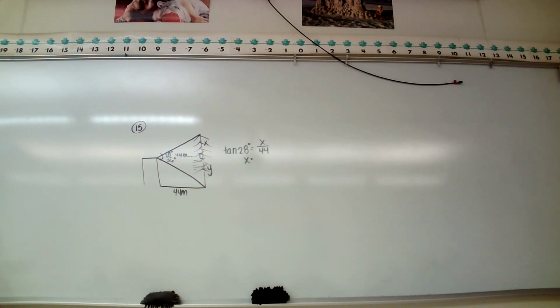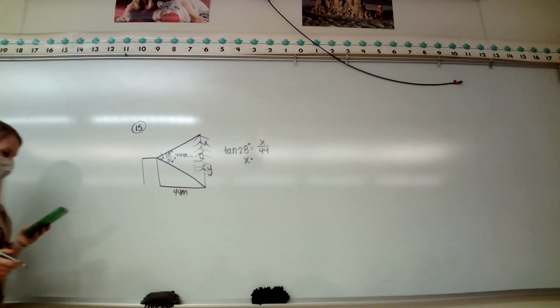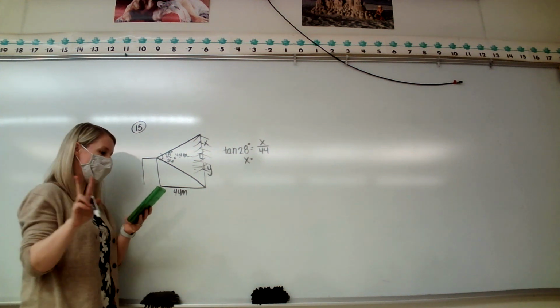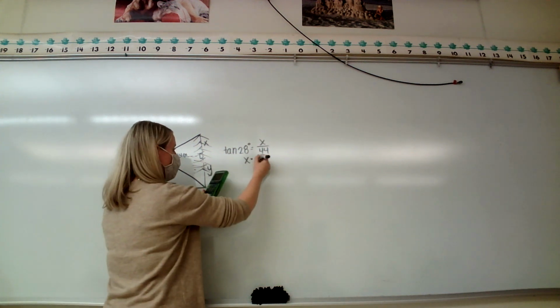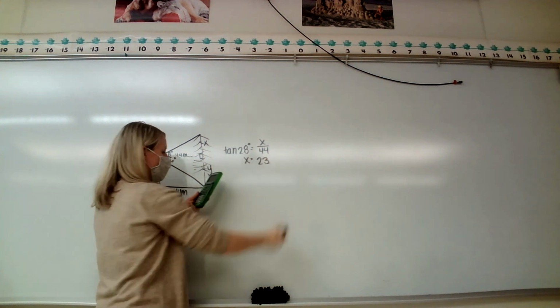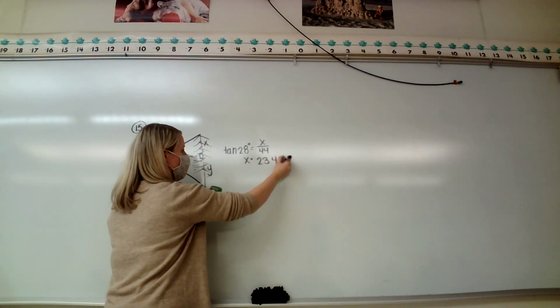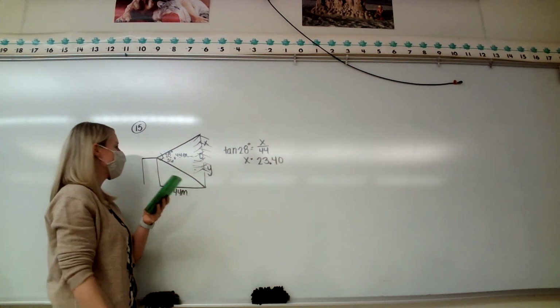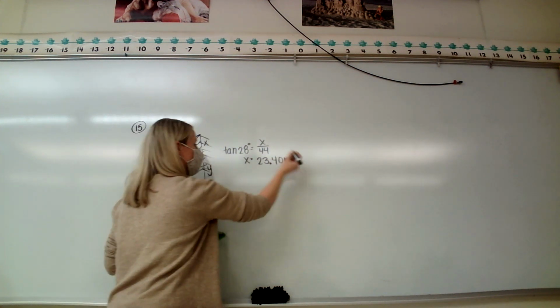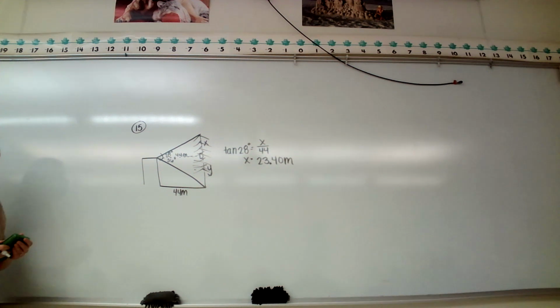What do I get? Let's round to 2 decimal places. This is going to be 23, well, it would be 23.395, so I'm going to round to 23.40. And this is meters. So that's the top part of my tree.